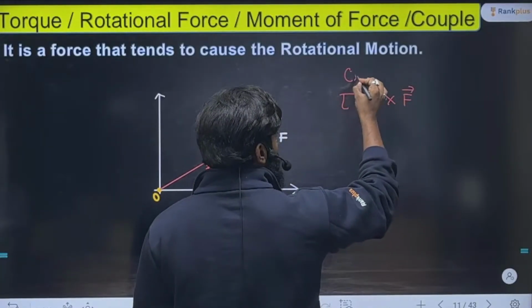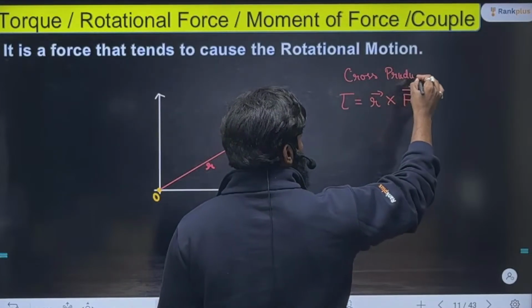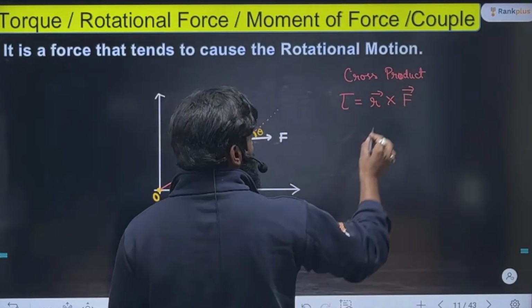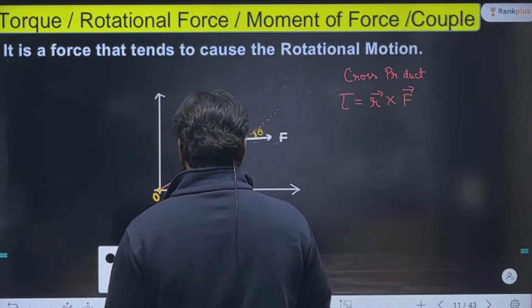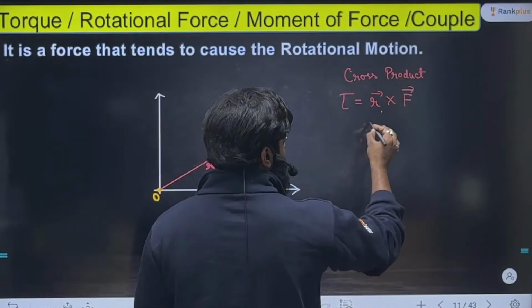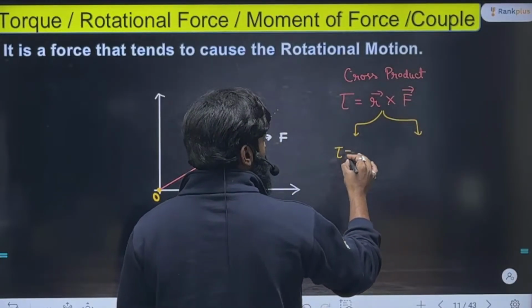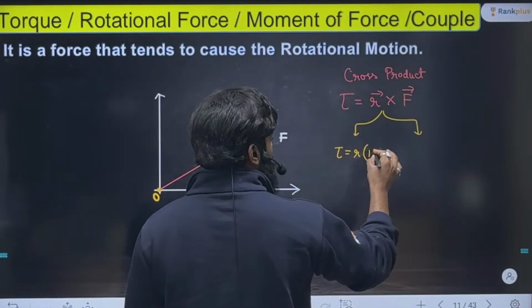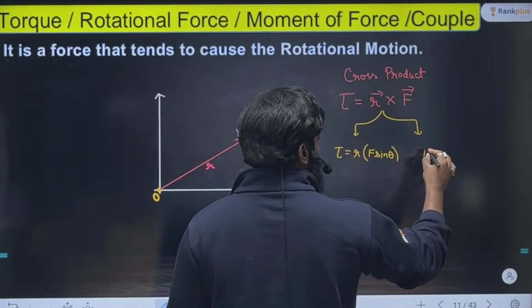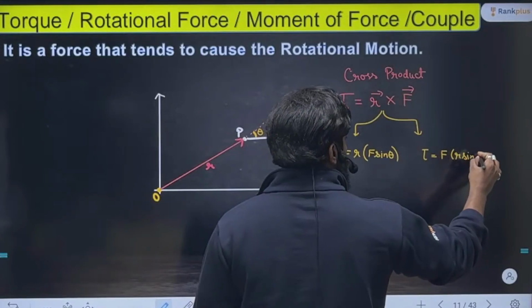And when we are doing a cross product, we can divide this into two formats. The torque is equal to R F sine theta, or torque is equal to F R sine theta.